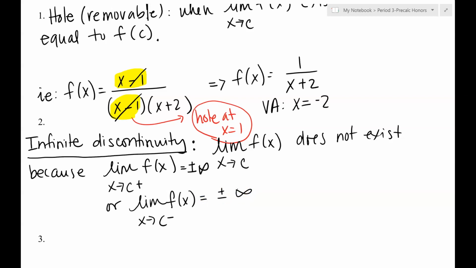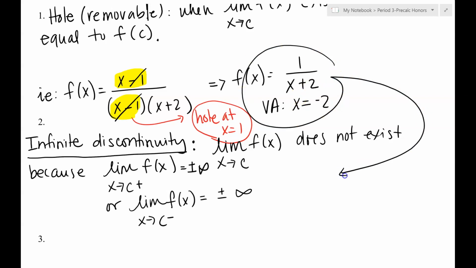So this is kind of talking about, let's talk about this component right here, right? So as you can see, the limit doesn't exist because at negative 2, you have a vertical asymptote. On the right side of negative 2, that means I'm coming from here.